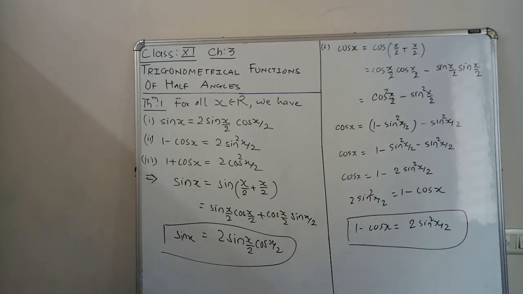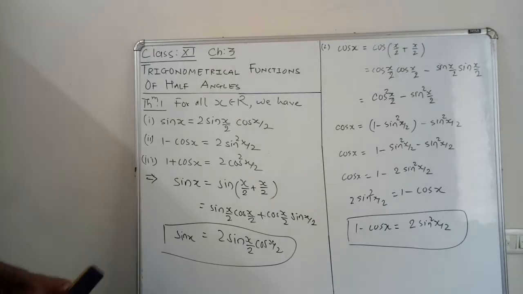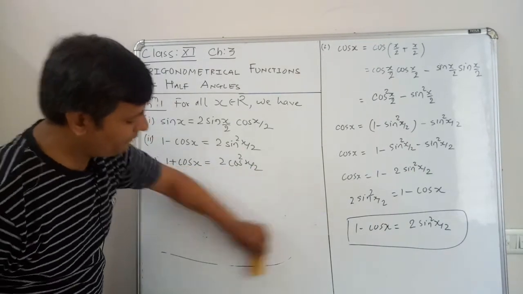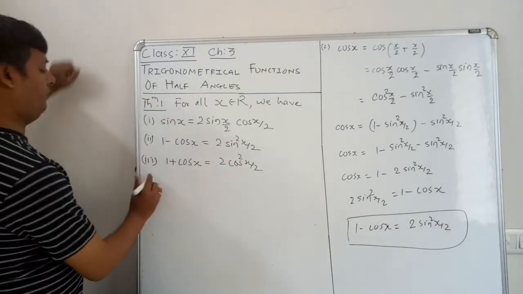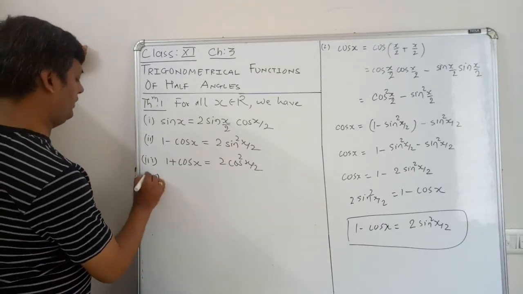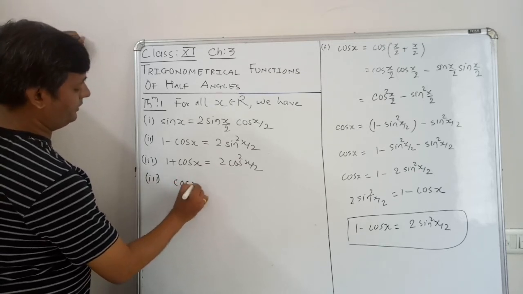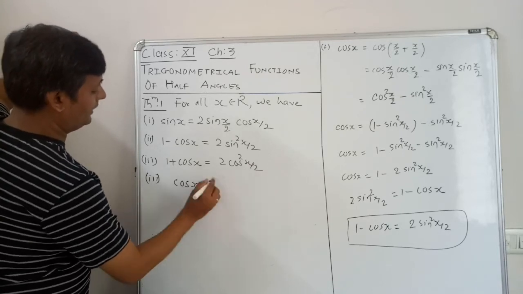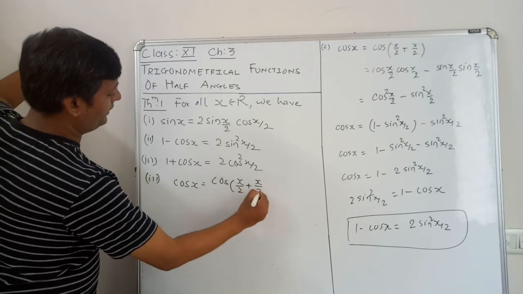Clear? Now result number 3, 1 plus cos x. Again we write it simply. For the solution of 3, cos x can be written as cos of x by 2 plus x by 2.